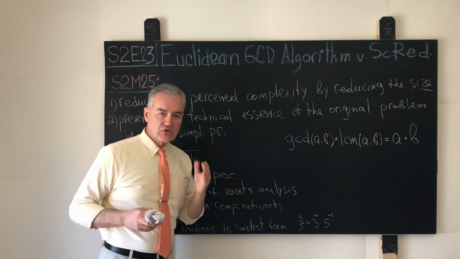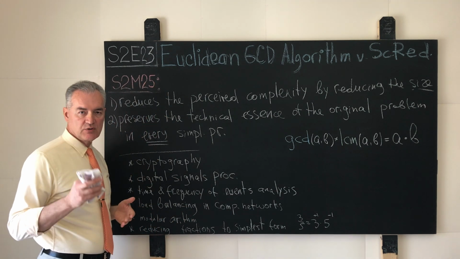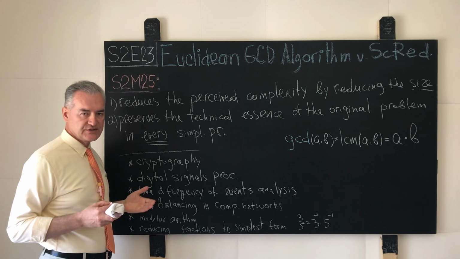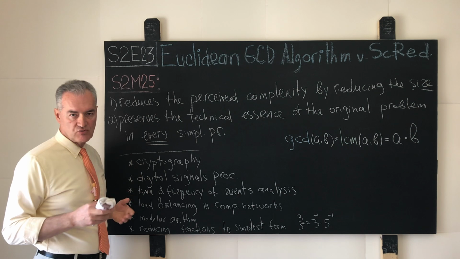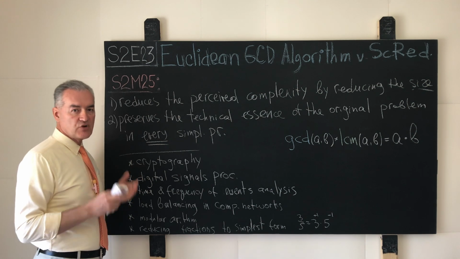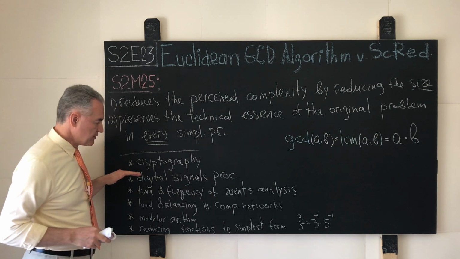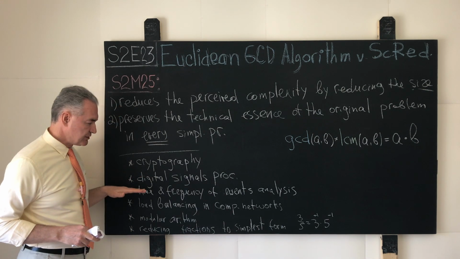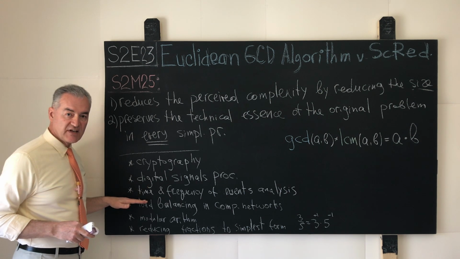Overall, the greatest common divisor of two numbers finds its application. I know that people are always interested in the real life application of this or that mathematical idea, notion, or theorem. Well, the greatest common divisor of two numbers finds its application in modern cryptography, in digital signal processing, in time and frequency of events analysis.